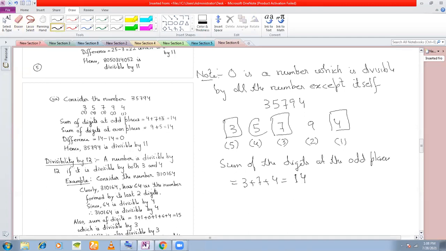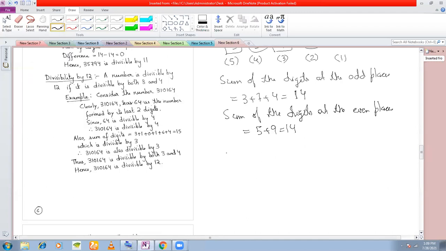Next, even places. These two. Sum of the digits at the even places is equal to 5 plus 9 equal to 14. Now take the difference. Here I've got 14, here I've got 14. So 14 minus 14, which is equal to 0.